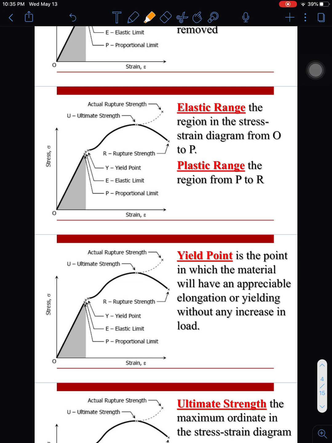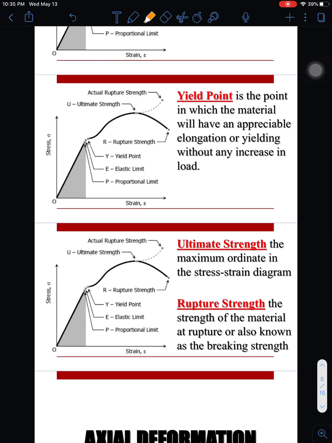So blisters when working with timber, wood, or steel. Then cracks when working with masonry blocks and reinforced concrete. So there you see the yield point. So it's the physical changes that we see in our material.